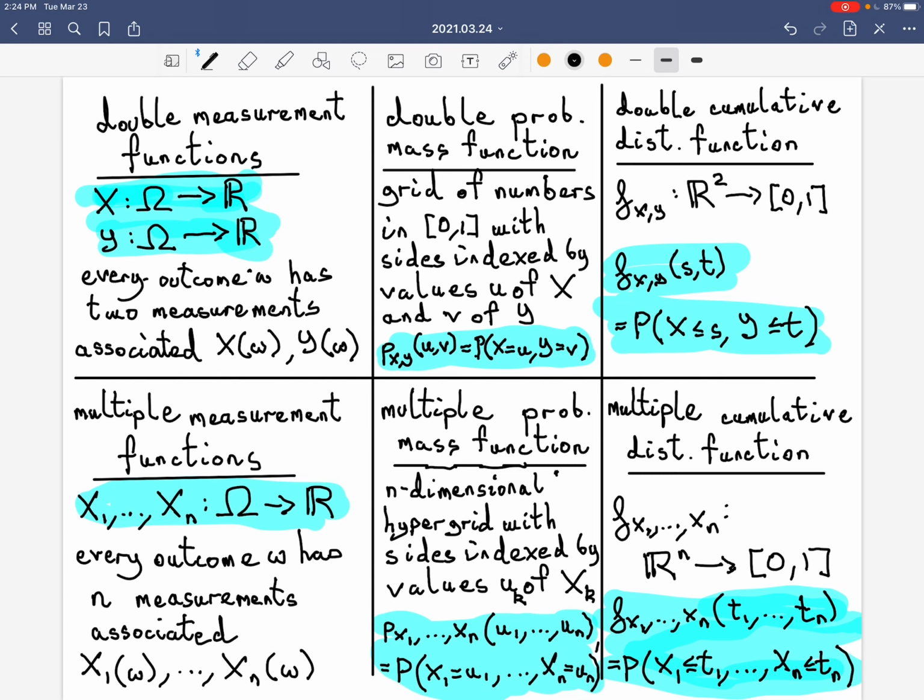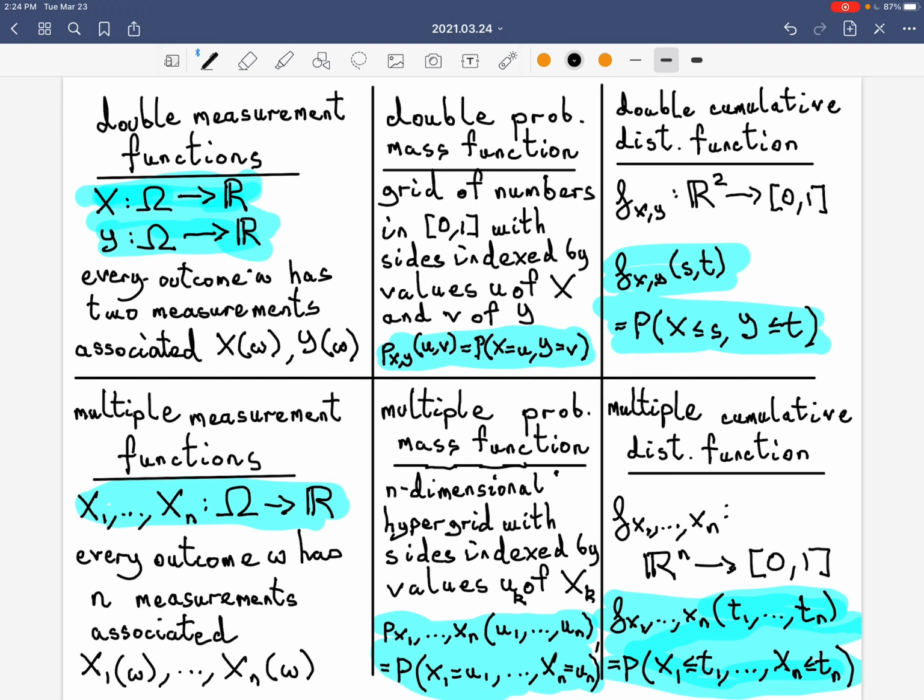So we had probability mass functions for single random variables described as tables where there's a one-to-one correspondence between the labels in the top row given by values of the random variable and the probabilities of achieving those values in the bottom row. But now for a double probability mass function, what we're going to have is a grid of numbers with sides indexed by values of the first random variable along the rows and values of the second random variable along the columns.